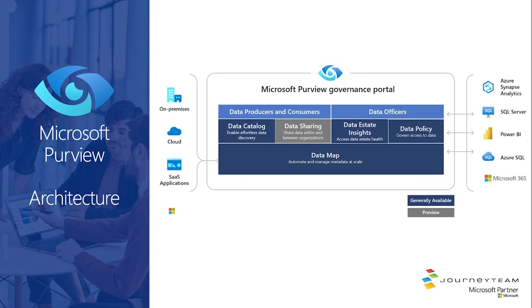So here's a look at the architecture. Connections are created to data sources, and catalogs are then created on metadata from those sources. Microsoft Purview helps organizations by providing data discovery, traceability, and searchability. So why is this so valuable?